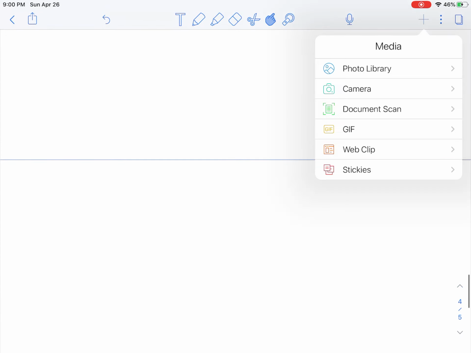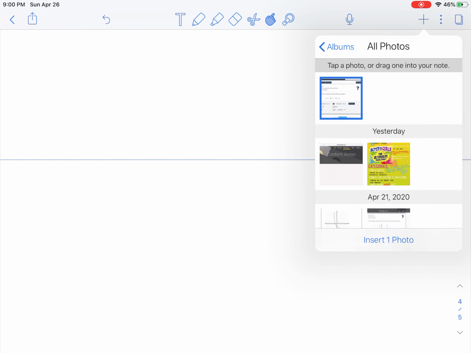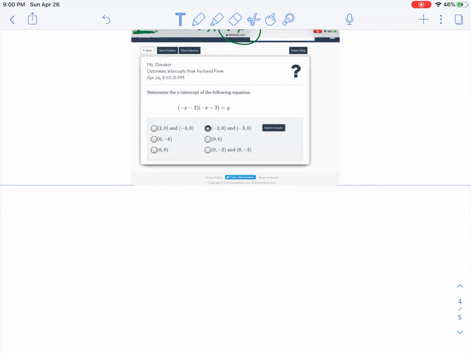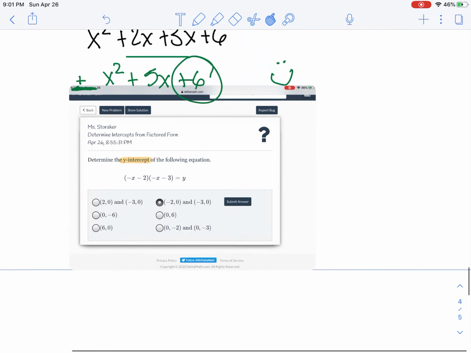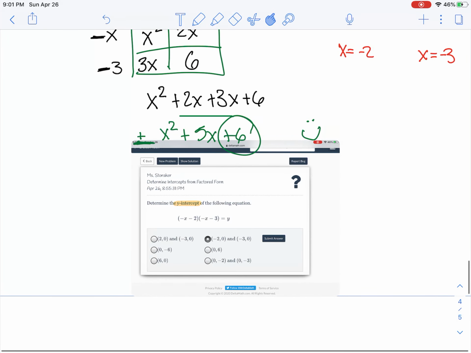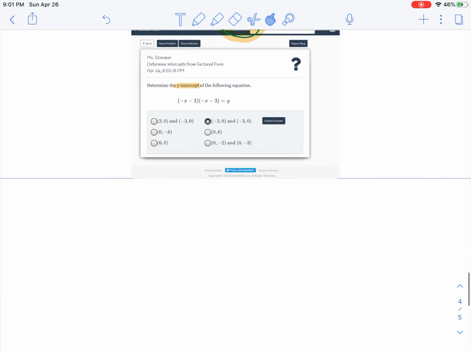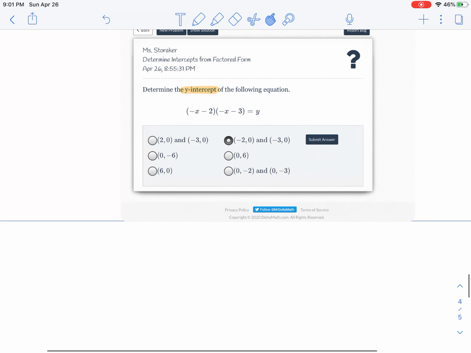Let me pull this over here. See how it says y and not x? So if it's for the y-intercept, then we're looking for that last number right there. That's 6. Okay, and they give you two choices here.